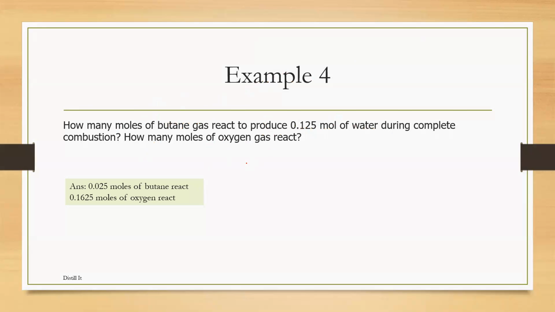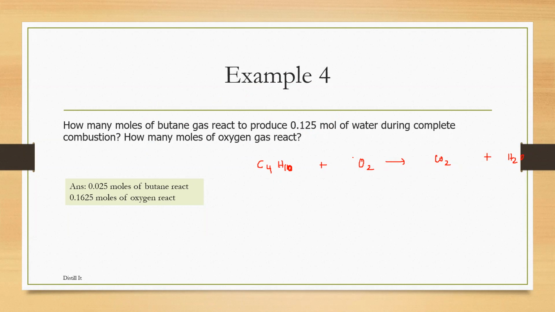So let's see. We have butane. Butane is C4H10. All right. This is butane. This reacts with oxygen to produce carbon dioxide and water. This is the reaction for complete combustion. All right.